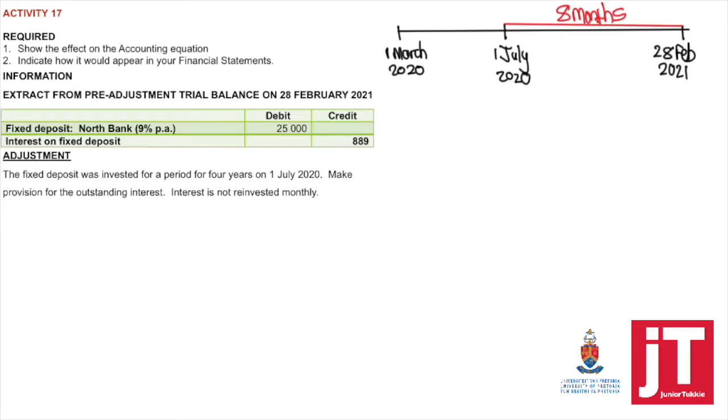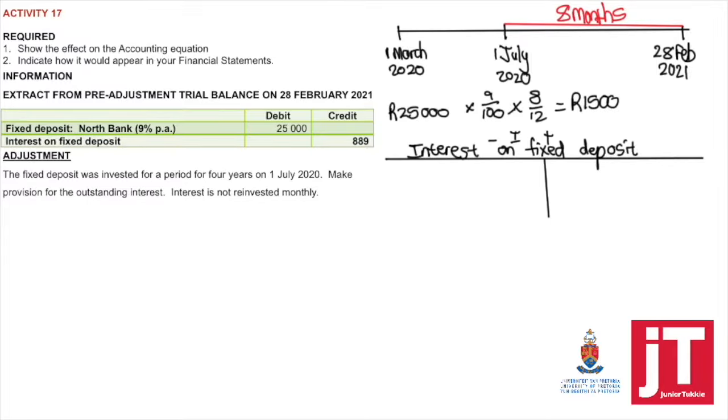So when I'm calculating interest, we need to take 25,000 times 9% times 8 divided by 12. So the total interest for this accounting period should be 1,500. From the pre-adjustment trial balance, we have a total brought forward 889.